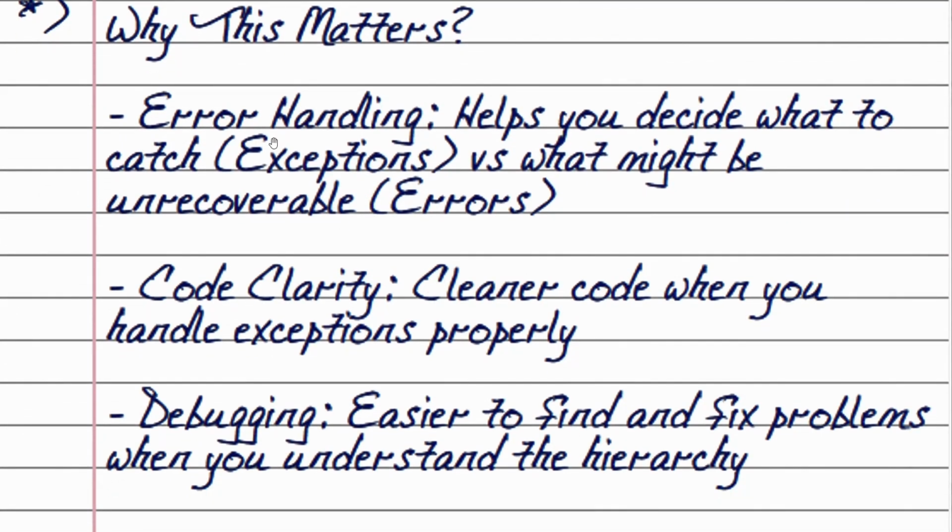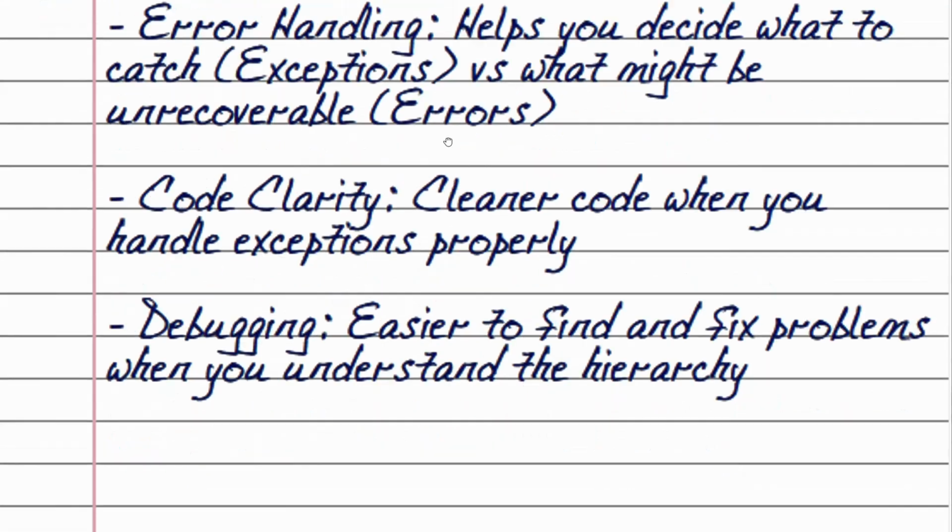So let's see why this matters. First is error handling. It helps you decide what to catch versus what might be unrecoverable. In error handling, we learn in what situation we can handle an error and in what situation we cannot recover it. Next is code clarity. That is cleaner code when you handle exceptions properly.